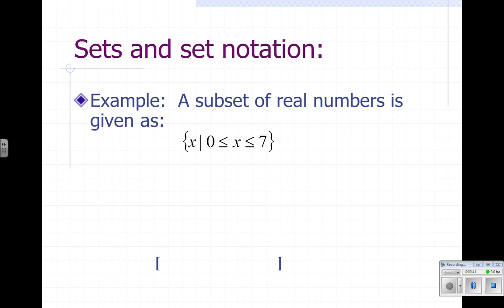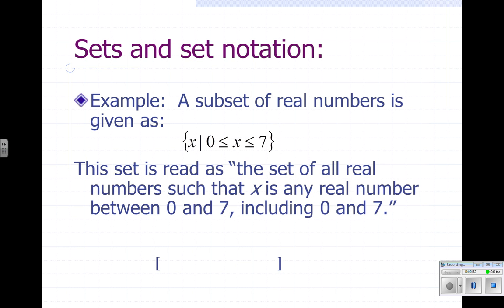So, for example, if I said a subset of the set of real numbers is given by the set of all x such that x is greater than or equal to 0 but less than or equal to 7, we are finding the set of all real numbers between 0 and 7, including 0 and 7.